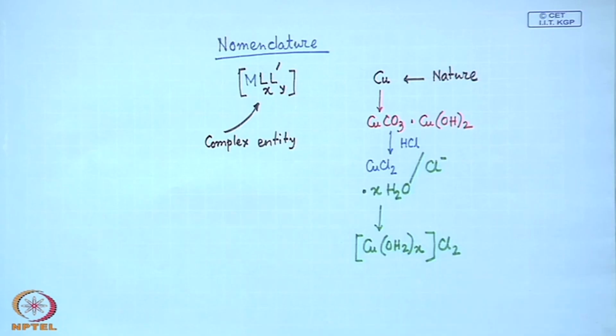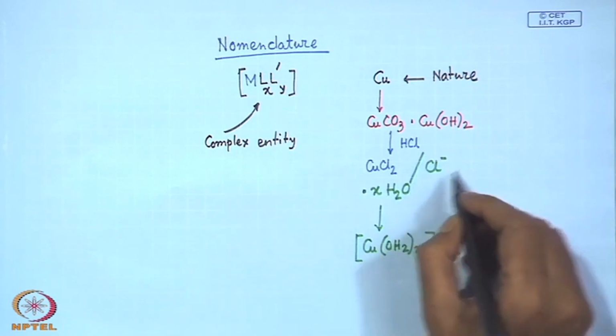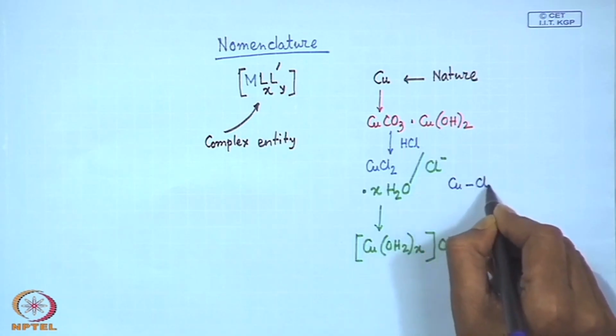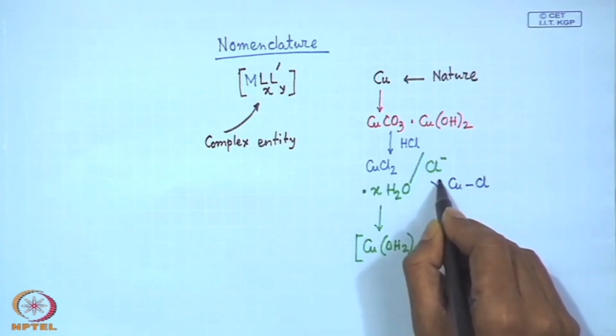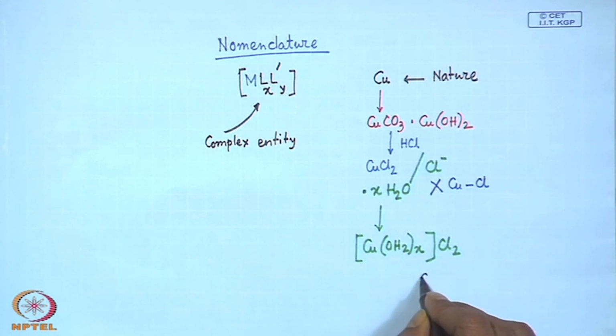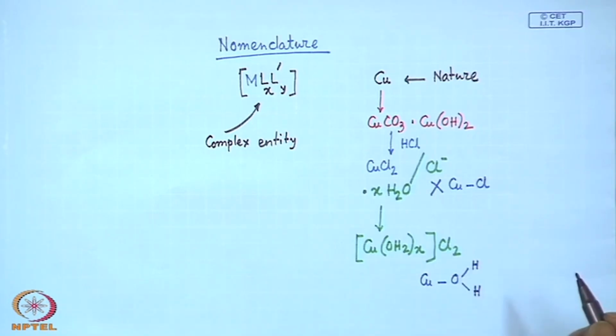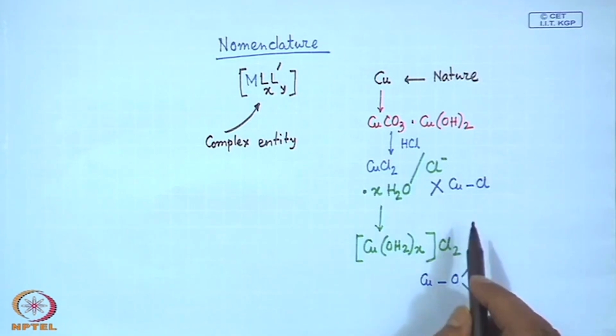So, we get that is not having some copper chlorine bond. So, copper chlorine bond is not there, instead we have copper oxygen bond. So, depending upon its coordination number of water molecules bound to copper, we have the copper oxygen bond.